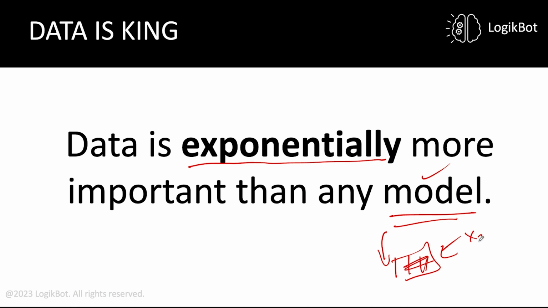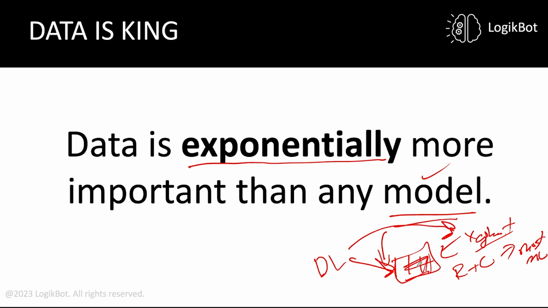Now, in the real world, we're going to use XGBoost because it's going to give us the best outcome for our regression plus our classification problems, which is most machine learning. But that doesn't mean you have to use XGBoost. There are people that are great at feature engineering that might use deep learning on this data set and beat the XGBoost model because they've cleaned this data even further.